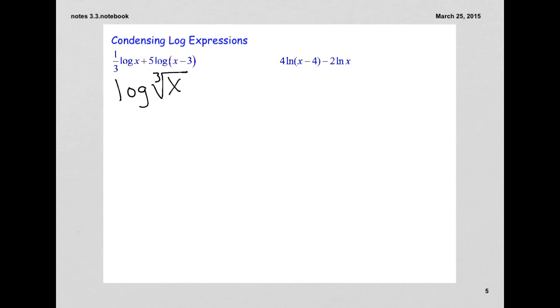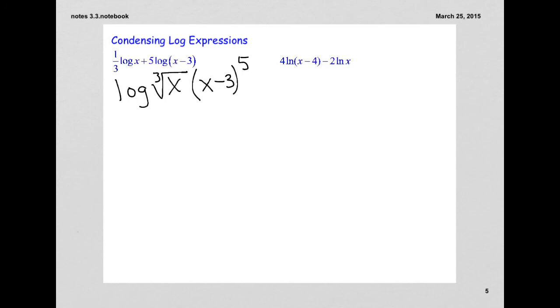Okay, plus means multiplication, and I'm going to be multiplying times a binomial, so I need parentheses, x minus 3. And on that one, there was a 5 in front of the log, so that means my exponent is going to be 5. Okay, I have 1 log, I've got exponents, my terms have no pluses between them, so I'm finished.